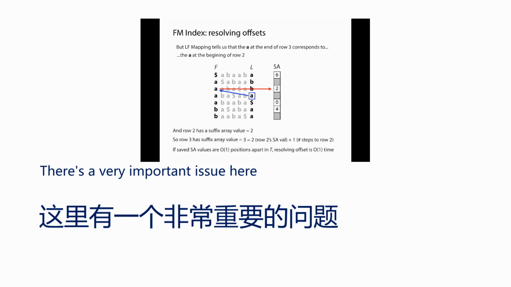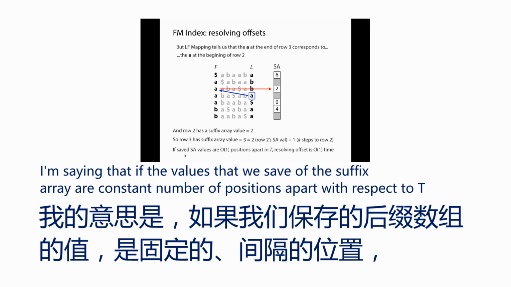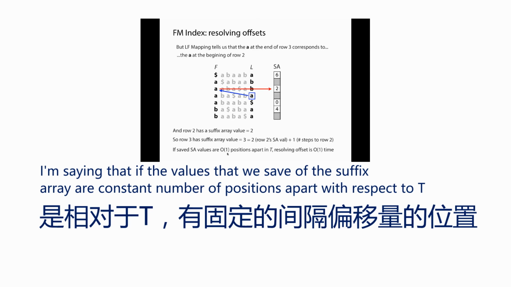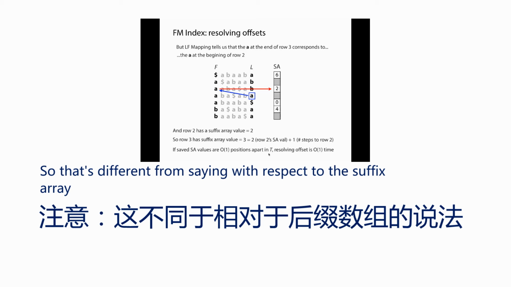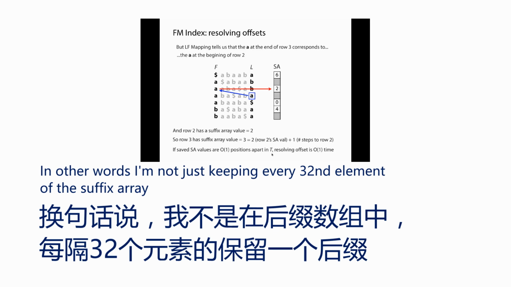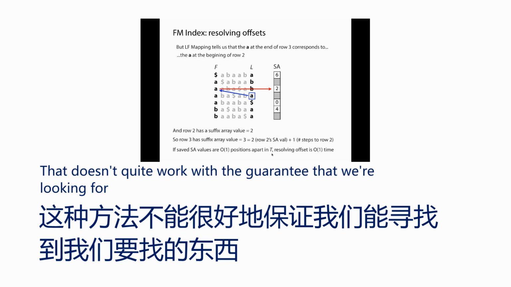There's a very important issue here. I'm saying that if the values that we save of the suffix array are a constant number of positions apart with respect to T, that's different from saying with respect to the suffix array. In other words, I'm not just keeping every 32nd element of the suffix array. That doesn't quite work with the guarantee that we're looking for.